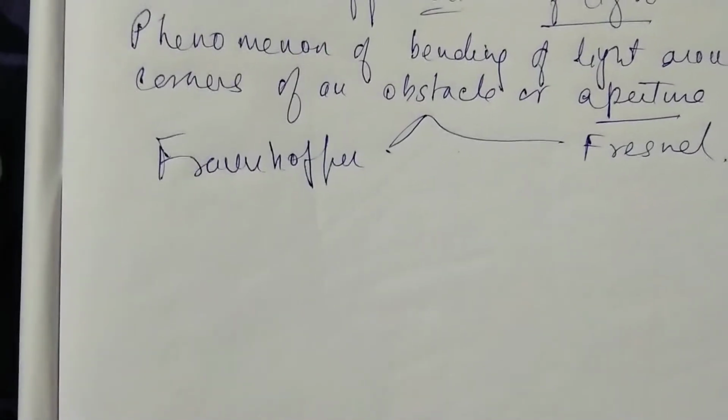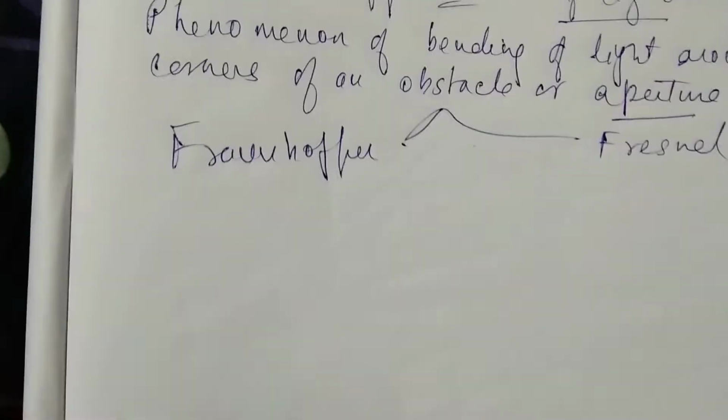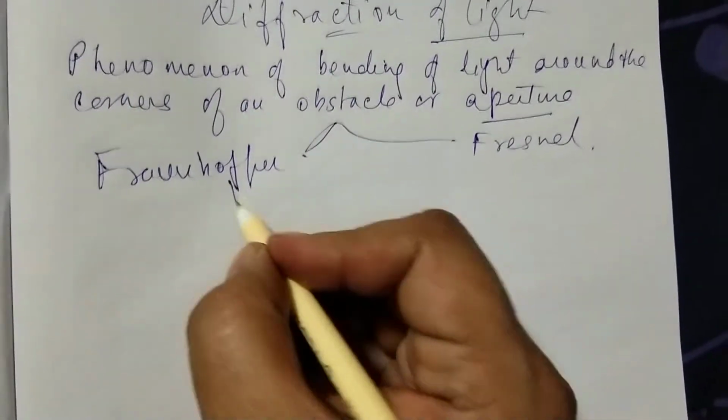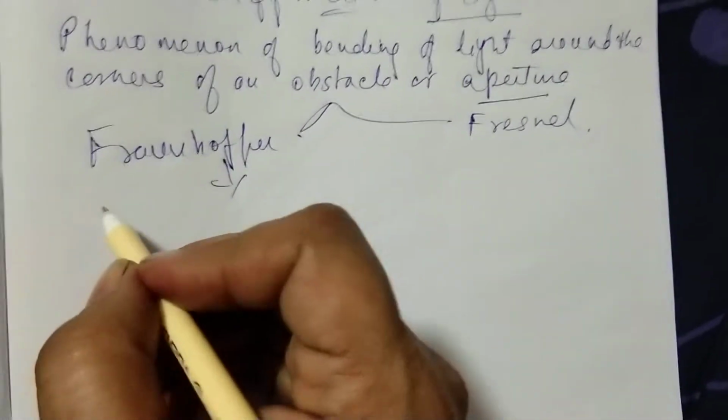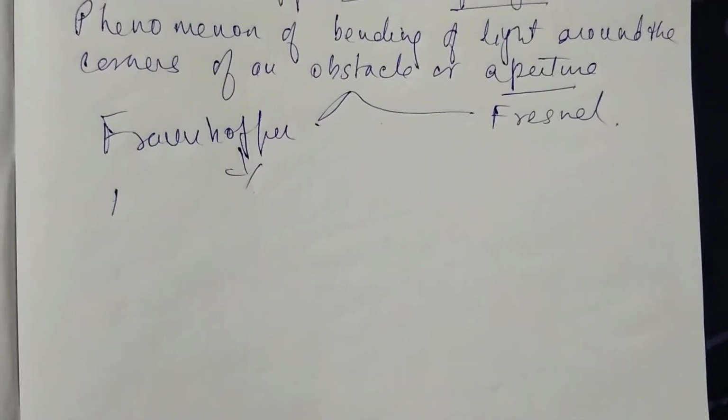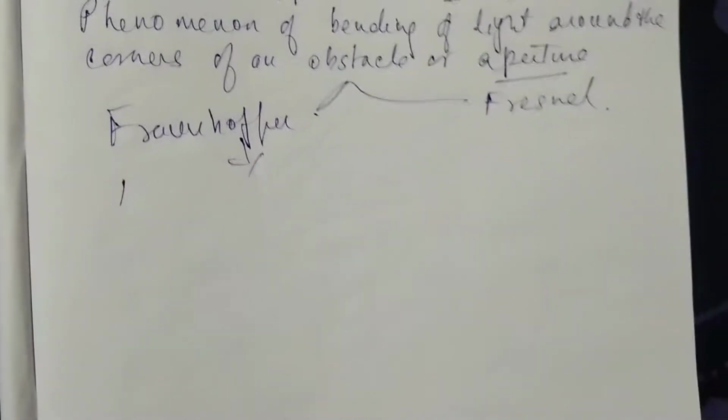And in one we take the help of a lens, in the other we do not. So we are here to do the Fresnel diffraction pattern, the diffraction pattern due to a single slit.